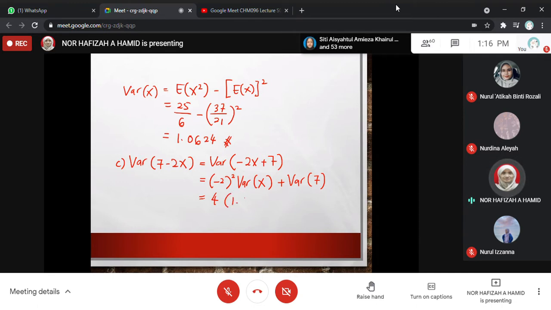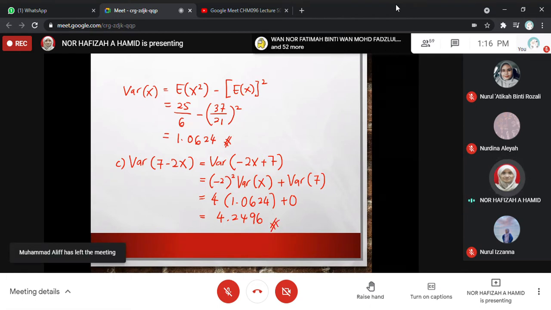Substitute the variance of x, 1.0624, plus 0. You get the answer 4.2496. So this is the answer for C.